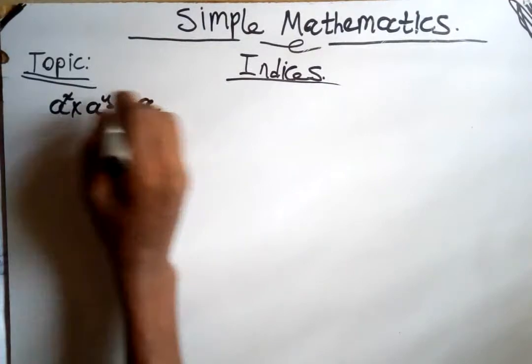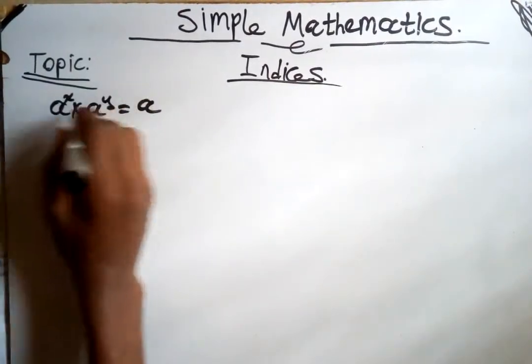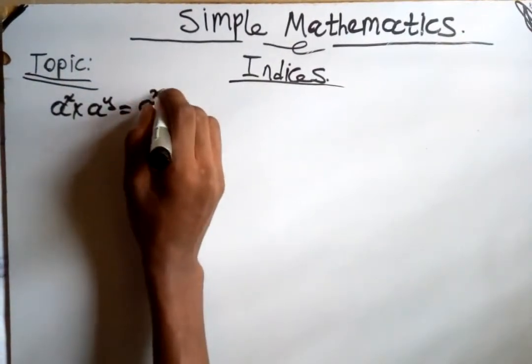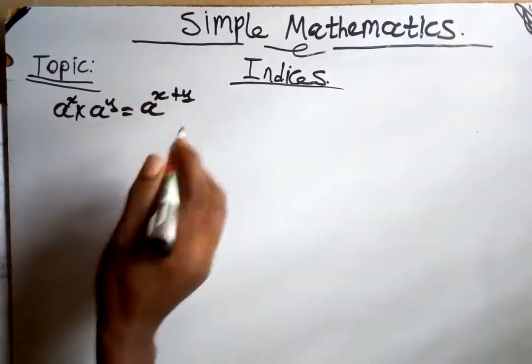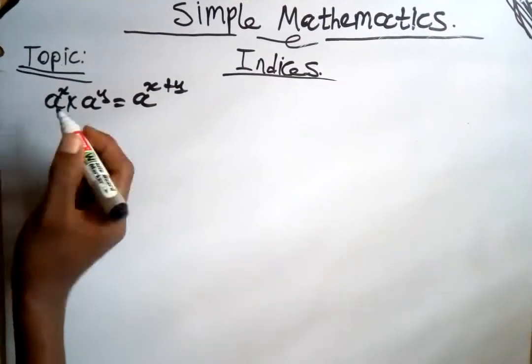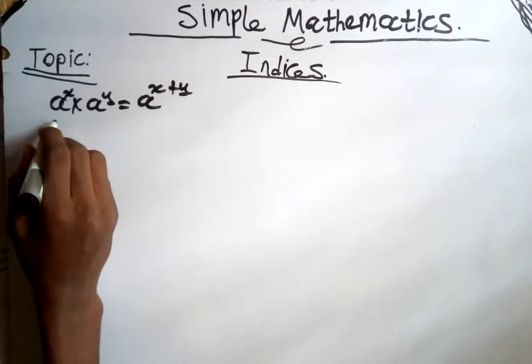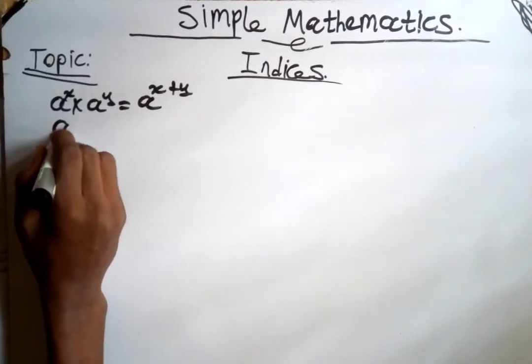Then the powers will be summed up, called x plus y. This is the law I'm writing down here for you.